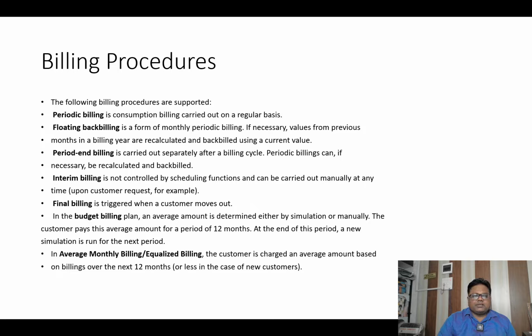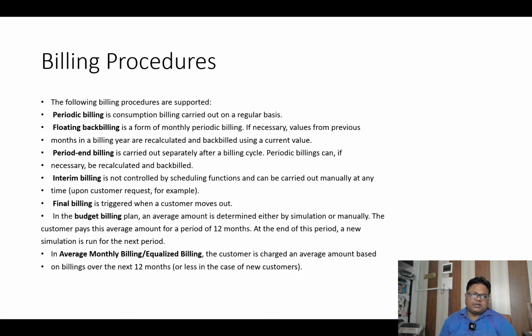The customer pays this average amount for a period of 12 months. At the end of this period, a new simulation is run for the next period. In average monthly billing, equalized billing, the customer is charged an average amount based on billing over the next 12 months, or less in the case of a new customer.